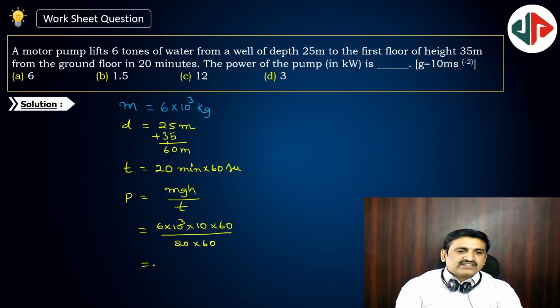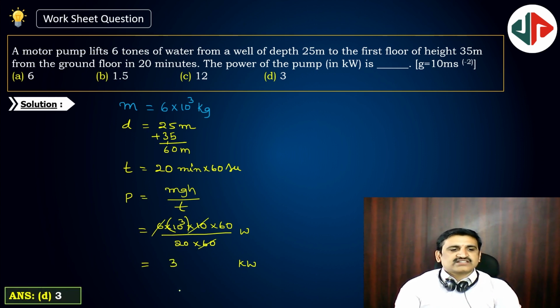Here he is asking for kilo, so I will write it as watt, and from now onwards kilowatt. 60 by 20 is 3 kilowatt. Only 3 is the answer. 1000 I took as kilo, then the matter ends.